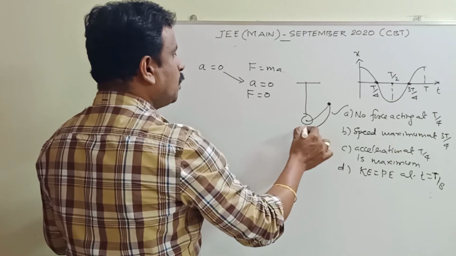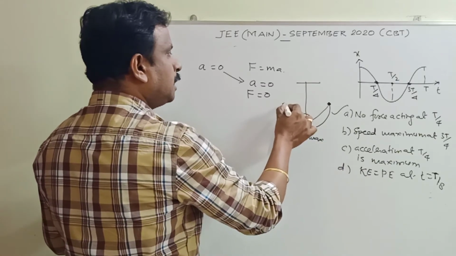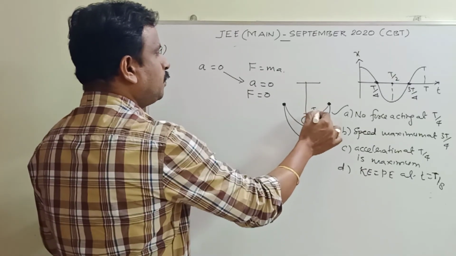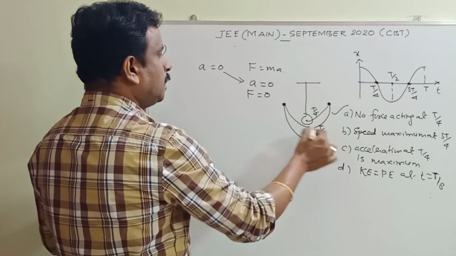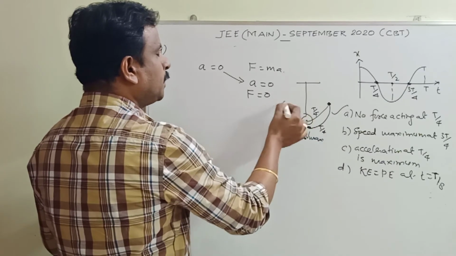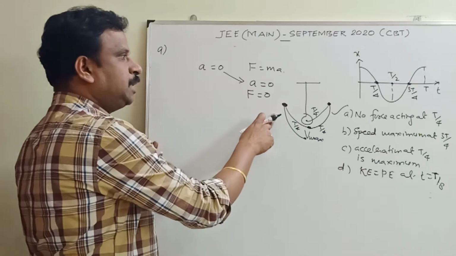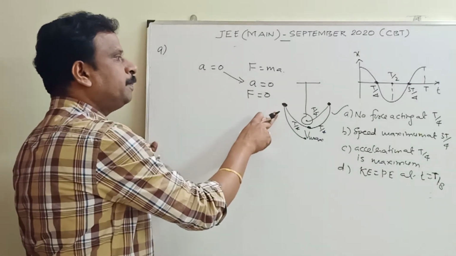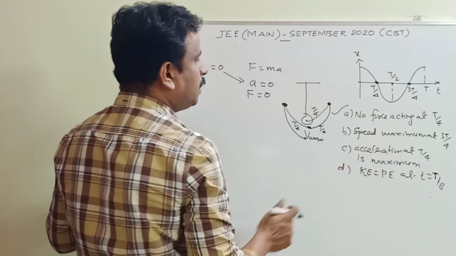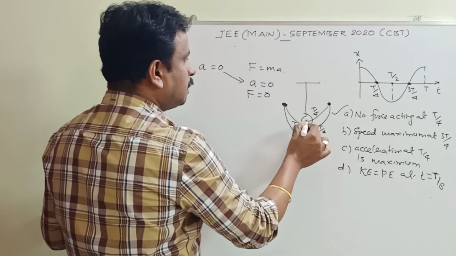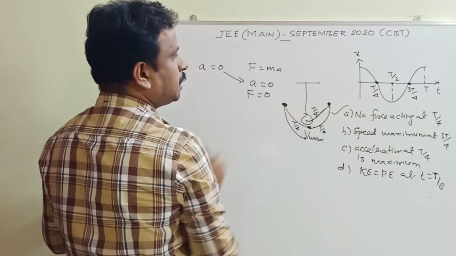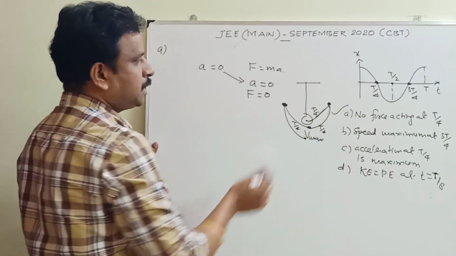Then it goes to another extreme position, it comes back. So this is one complete motion. So here T by 4, here T by 4, here T by 4.